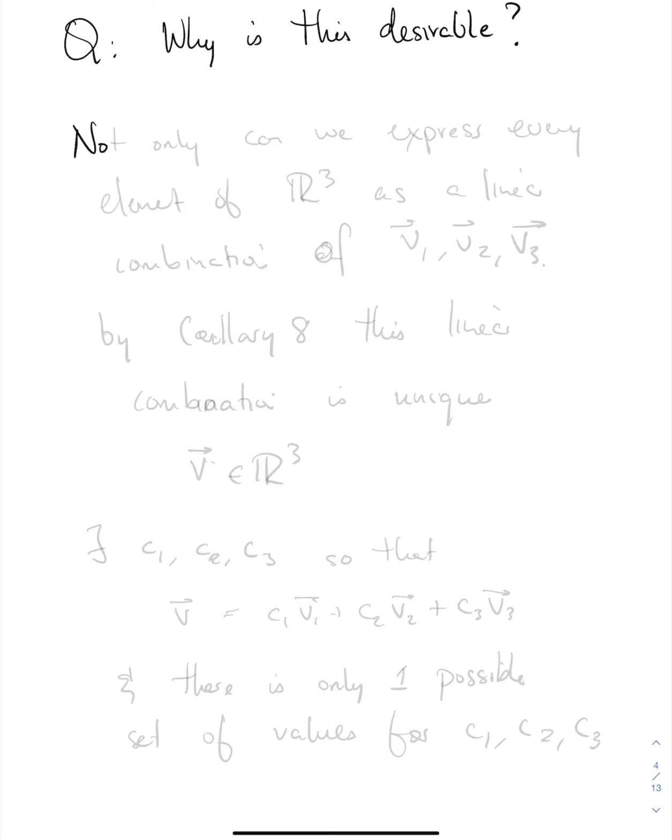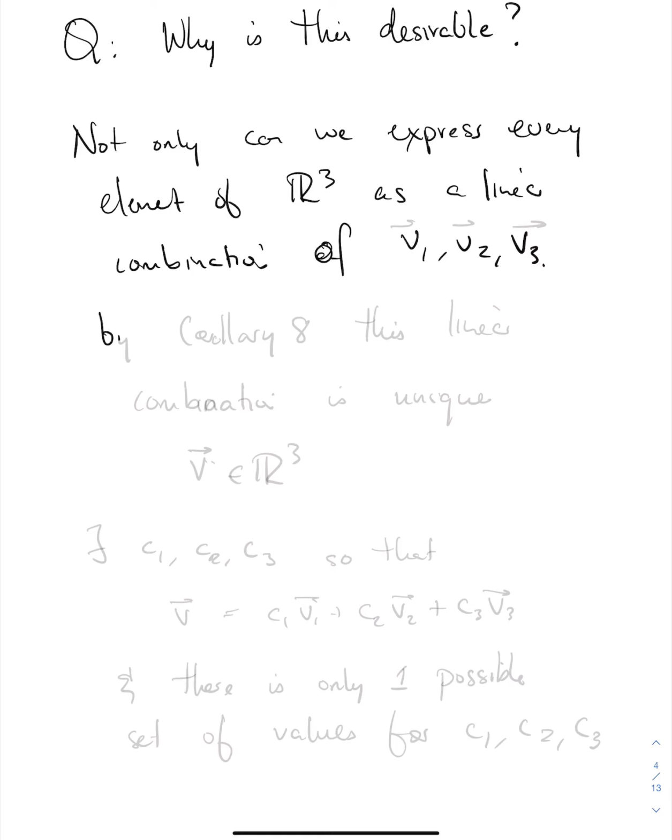Not only can we express every element of the vector space as a linear combination of v1, v2, and v3, but also by corollary 8, this linear combination is unique.